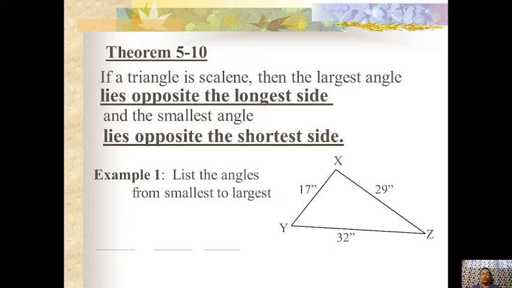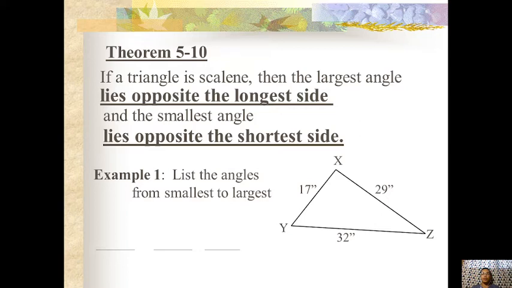So smallest angle to largest angle. By the definition, the smallest angle lies opposite the shortest side. So as we can see, what is the shortest side in the given figure?